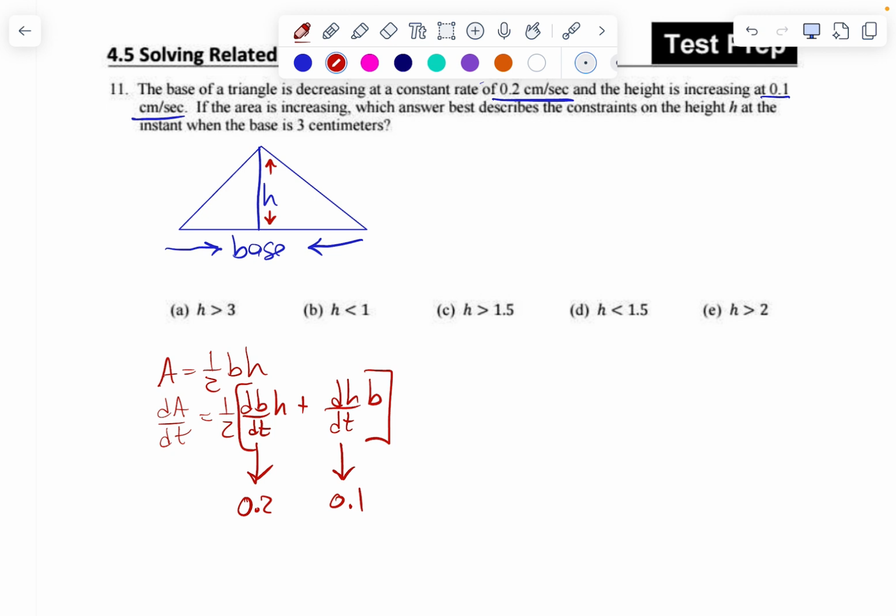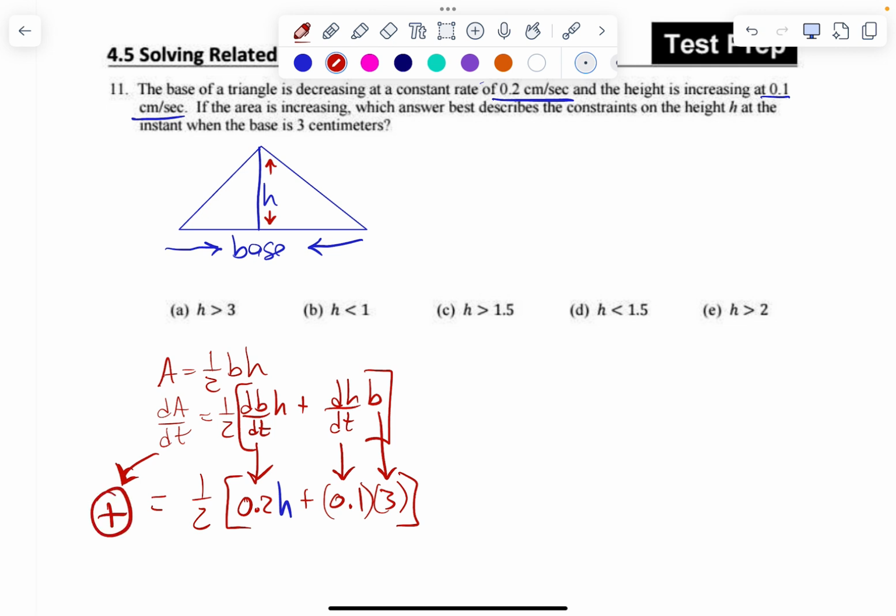And constraints on the height h at the instant when the base is 3. All right. And then dA dt, I'm just going to say is growing. It's increasing. So what is the sign of dA dt? Maybe I'll write it that way. Positive, yep. Okay. So it says what are the constraints?